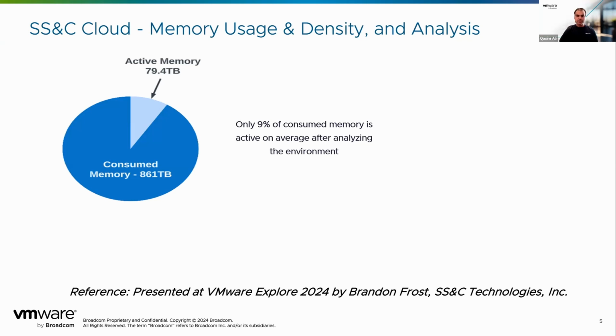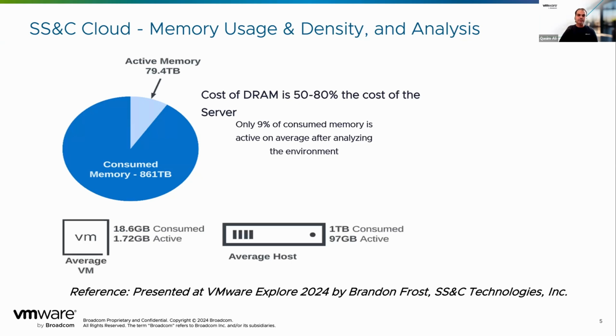Well, the total cost of the DRAM is 50 to 80% of the cost of the server. Now, if all this memory is sitting idle, you're spending all this money but not really using it. Why does this happen? These applications are more memory capacity bound. So you're hitting that memory capacity and you're not able to allocate more memory. So what do we do? We unlock this additional memory using NVMe as the second tier.